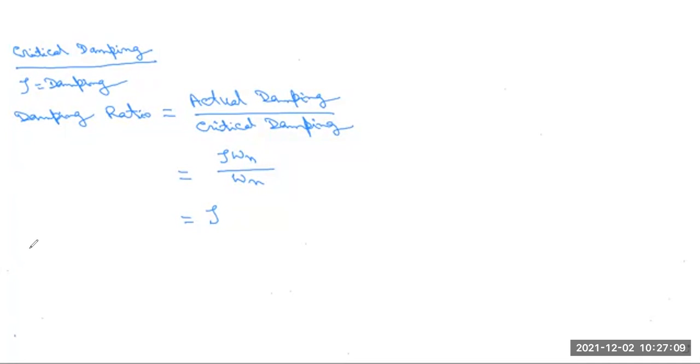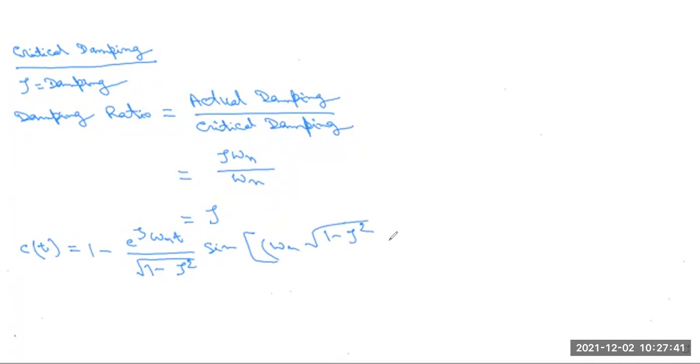We know the equation for the output: c(t) = 1 minus e to the power of minus zeta omega n t divided by root over of 1 minus zeta square, into sine of (omega n root over of 1 minus zeta square into t plus tan inverse of root over of 1 minus zeta square by zeta).